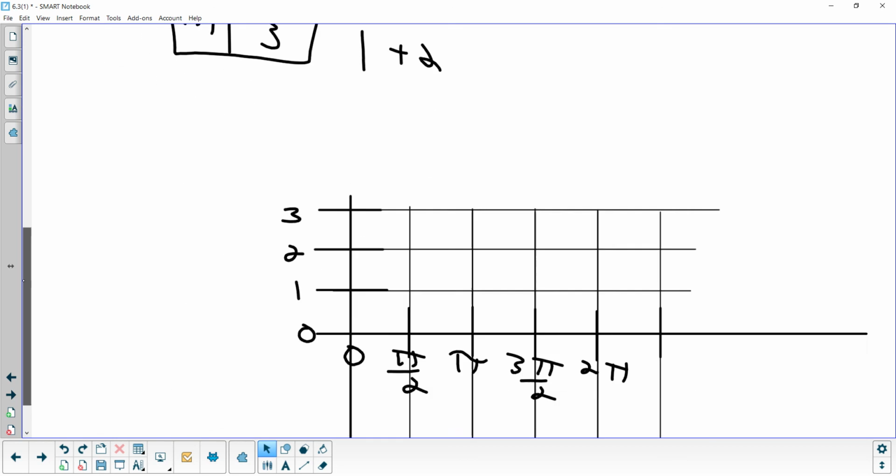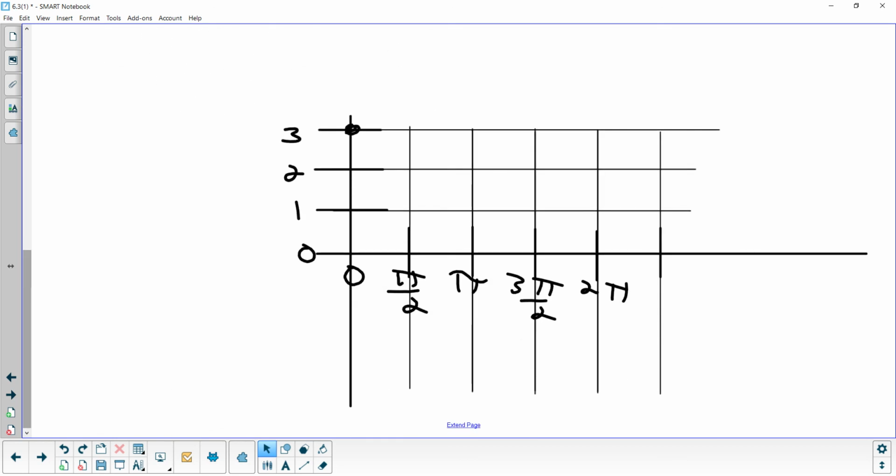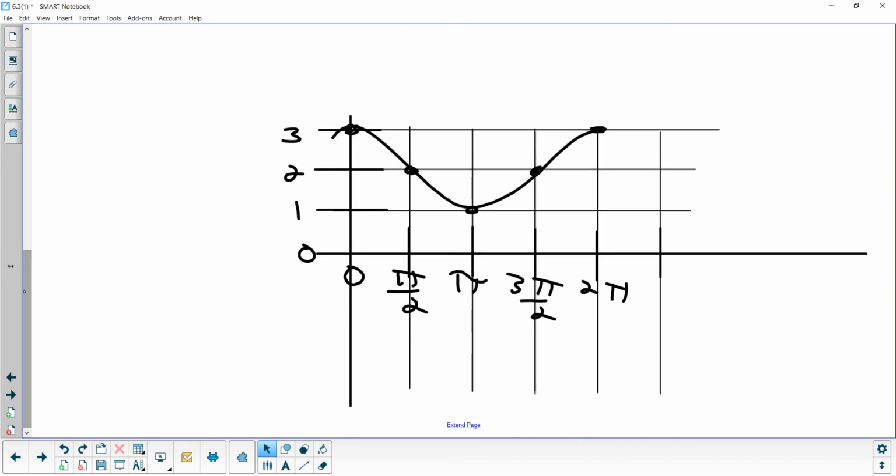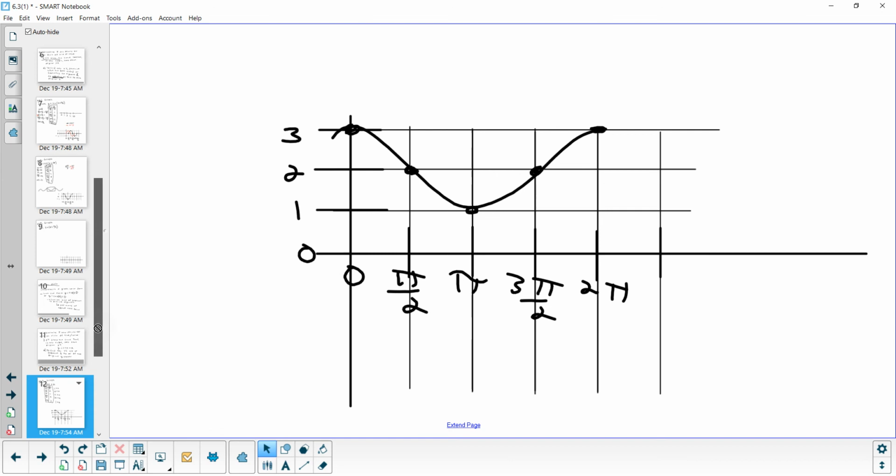That's all I have to remember to sketch. There you go. And there's your cosine function, shifted up 2 units. Any question on that one?